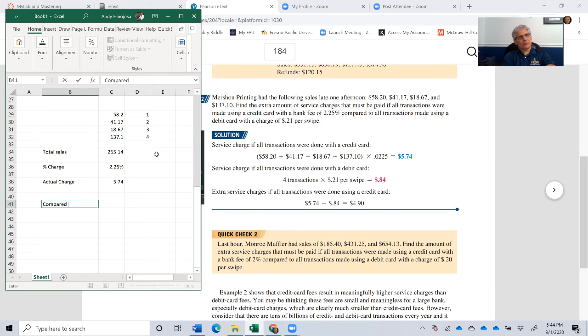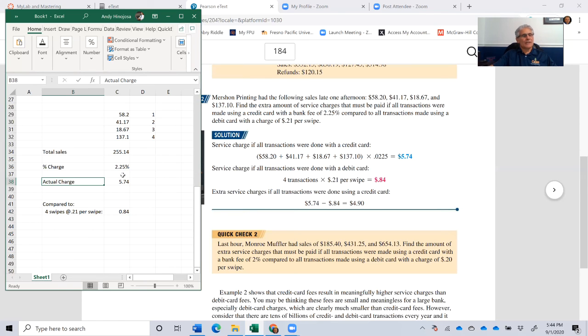So we're going to compare to 4 swipes at 21 cents per swipe. So we'll take 4 times 0.21 and we come up with 84 cents. So in this example here, we would have to pay $5.74. In this example here, we're going to have to pay 84 cents.